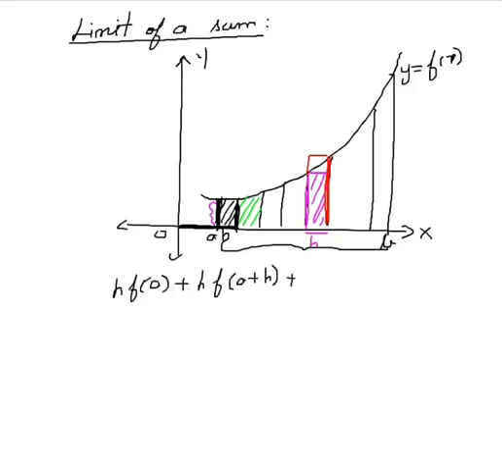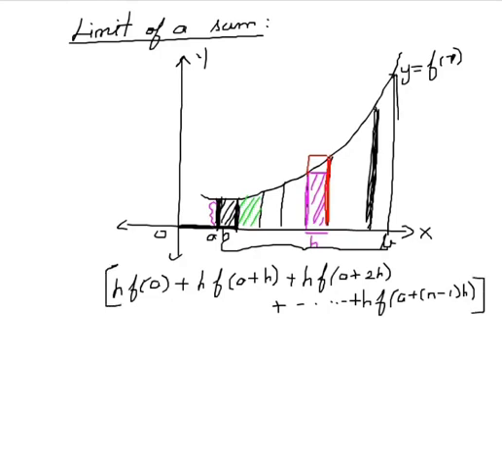Plus for the third strip it will be h into f of a plus 2h, etc. For the last rectangle, nth rectangle, we are considering this height. Therefore, it will be h into f of a plus n minus 1 times h.